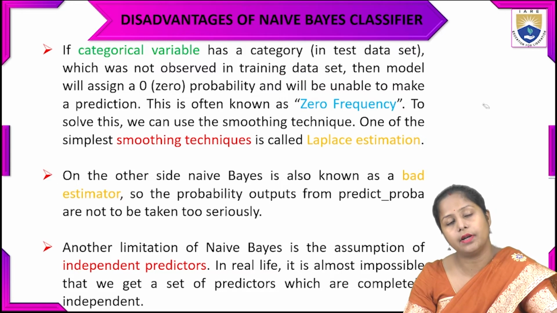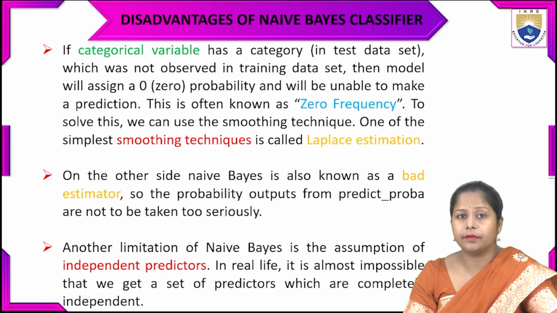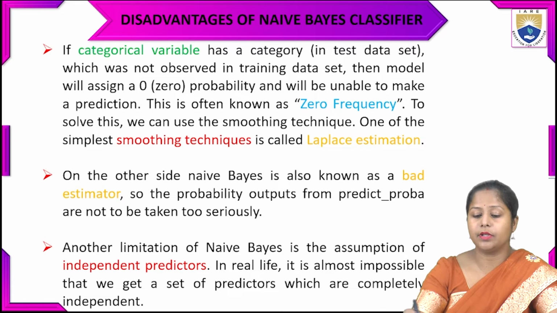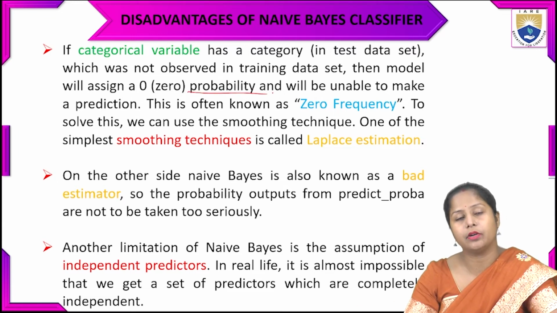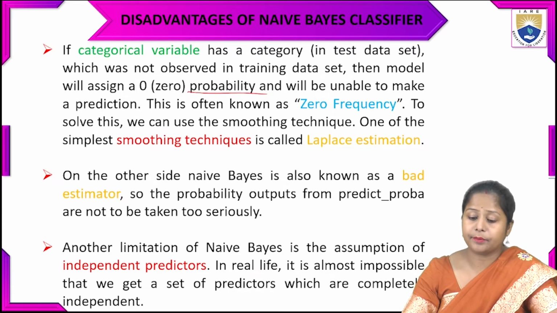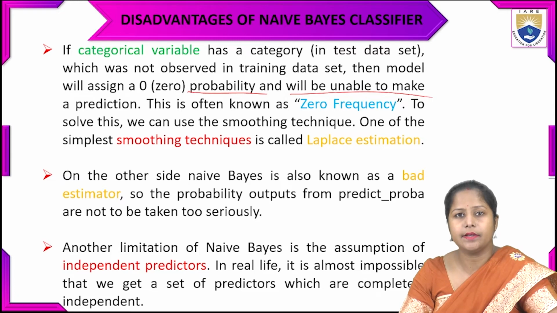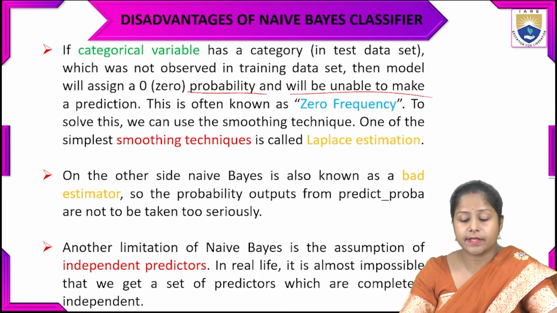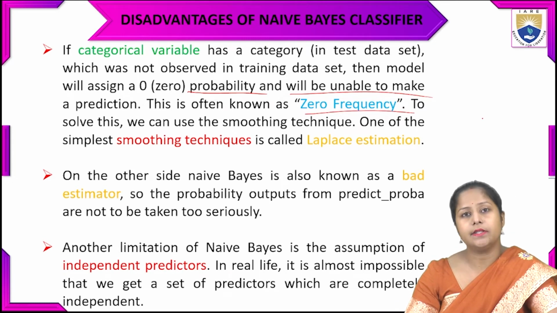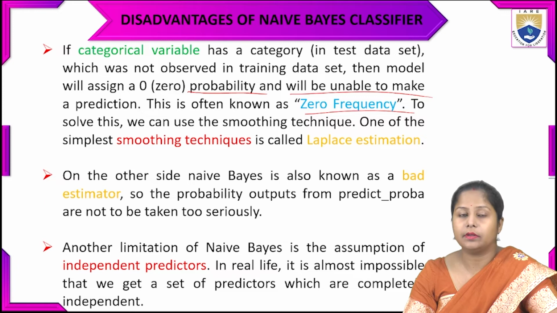So if the test data is checked, the result will be 0. That is going to be 0 probability, and that is not going to happen. So in this event, we will be unable to make a prediction. This is often known as the zero frequency problem. This type of problem we have to solve.